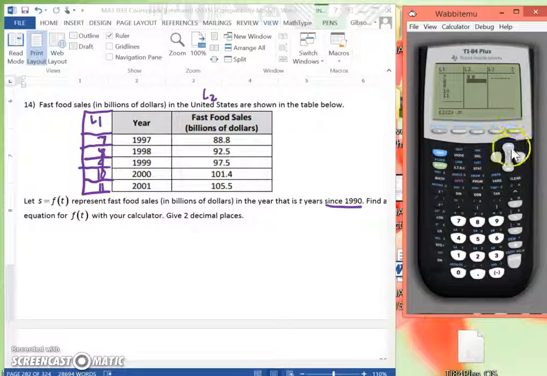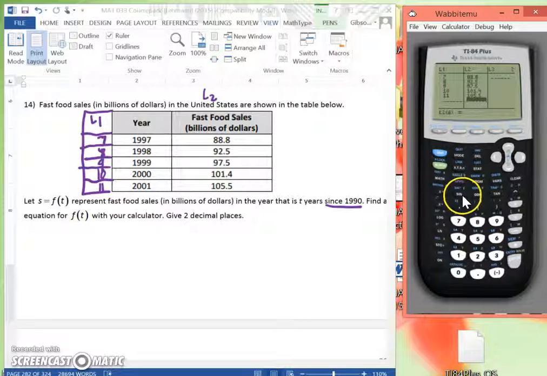And remember, after each one you type in, you must press Enter. Then we'll have 92.5, we had 97.5, then 101.4, and then also 105.5.